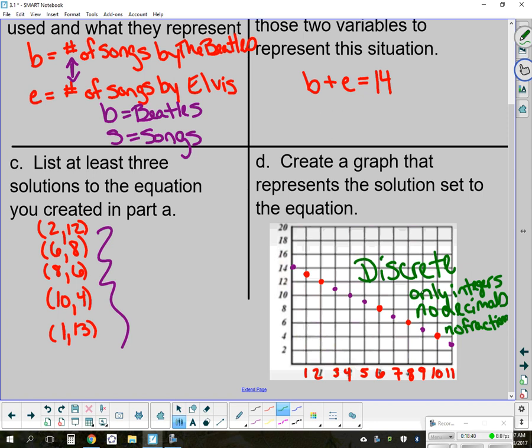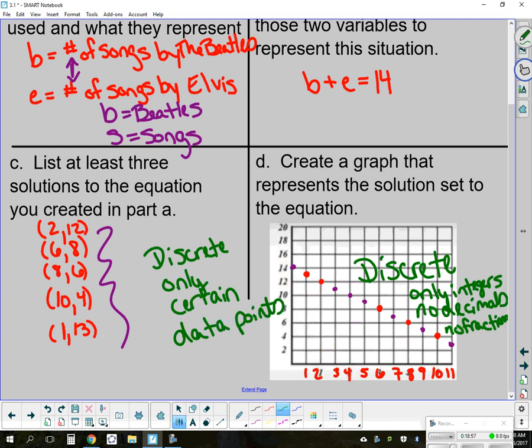That's what makes this discrete data. So what is actually discrete data? Discrete means it's only certain data points. Okay, it's not going to be all solutions.